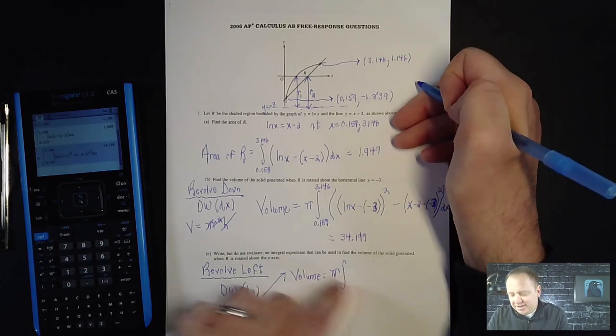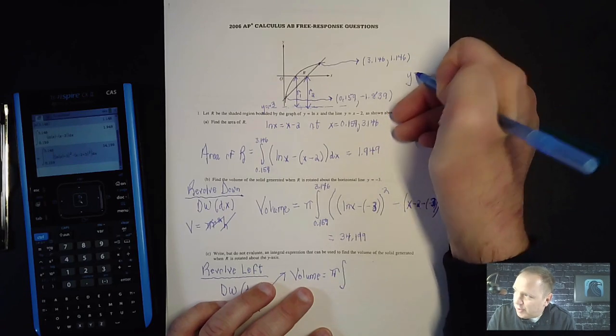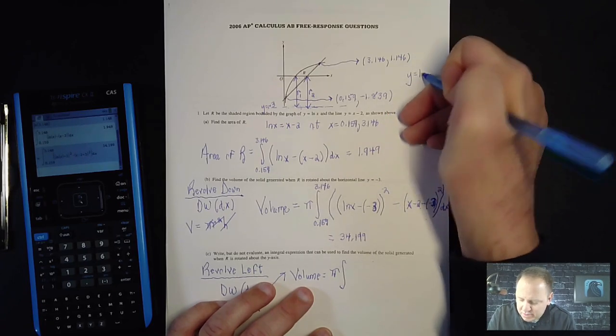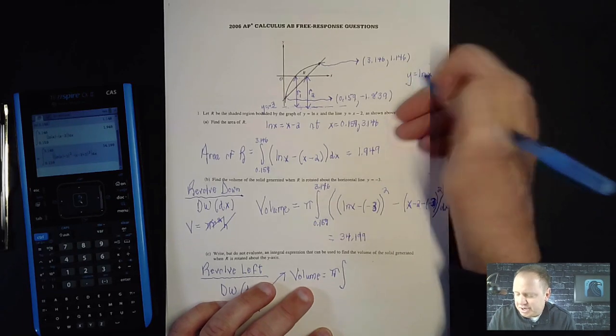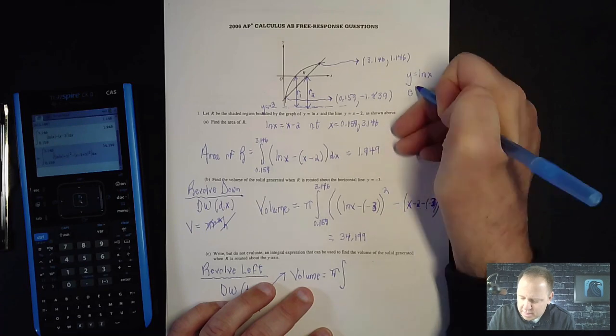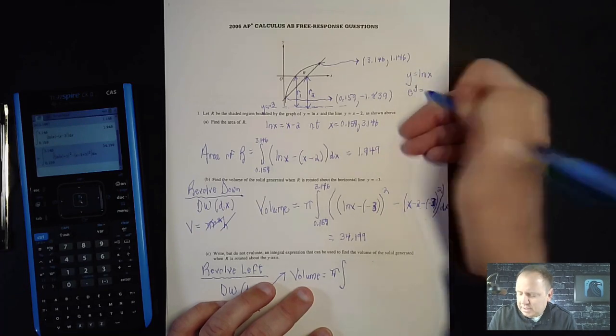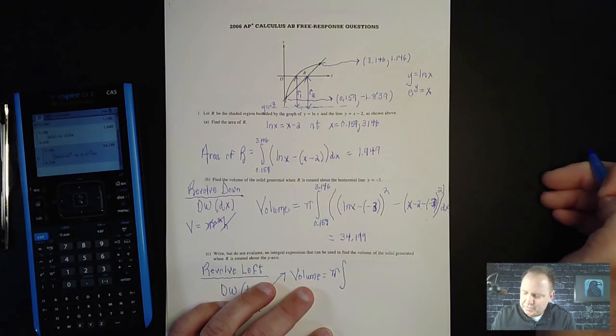All right, I need everything in terms of y, which means I need to isolate my x values. So y equals ln of x, right? I would exponentiate each side, right? So that would be e to the y is equal to e to the ln of x, which is x.